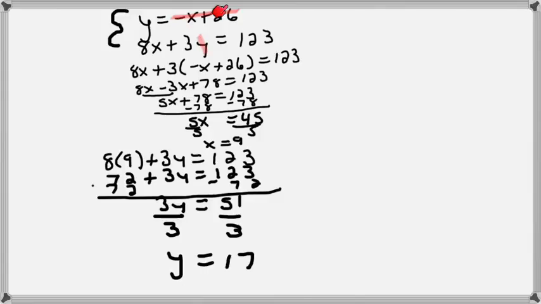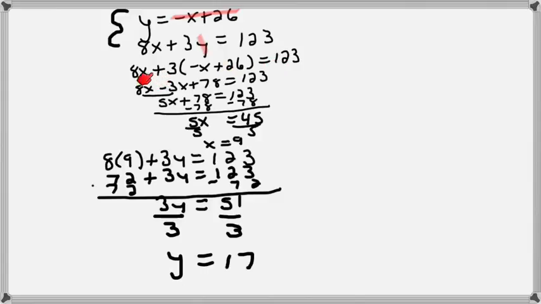And I highlighted the x equals part here, the y equals part here, and I highlighted where it's going to go. Remember, that's step 1 in solving with substitution. The second step is to rewrite this equation, but instead of putting a y there, I'll put this there. So 8x plus 3 times negative x plus 26 equals 123.